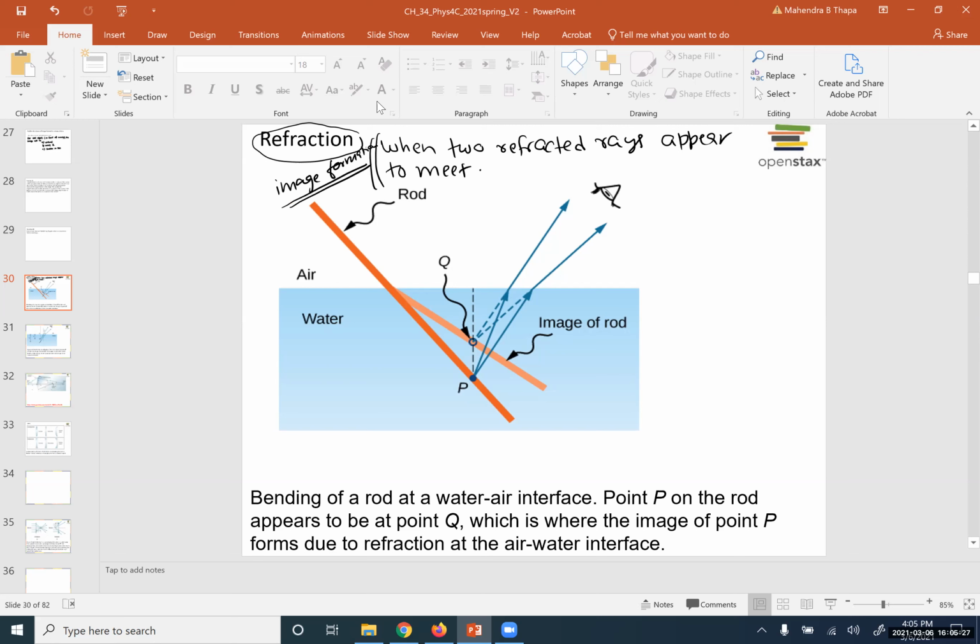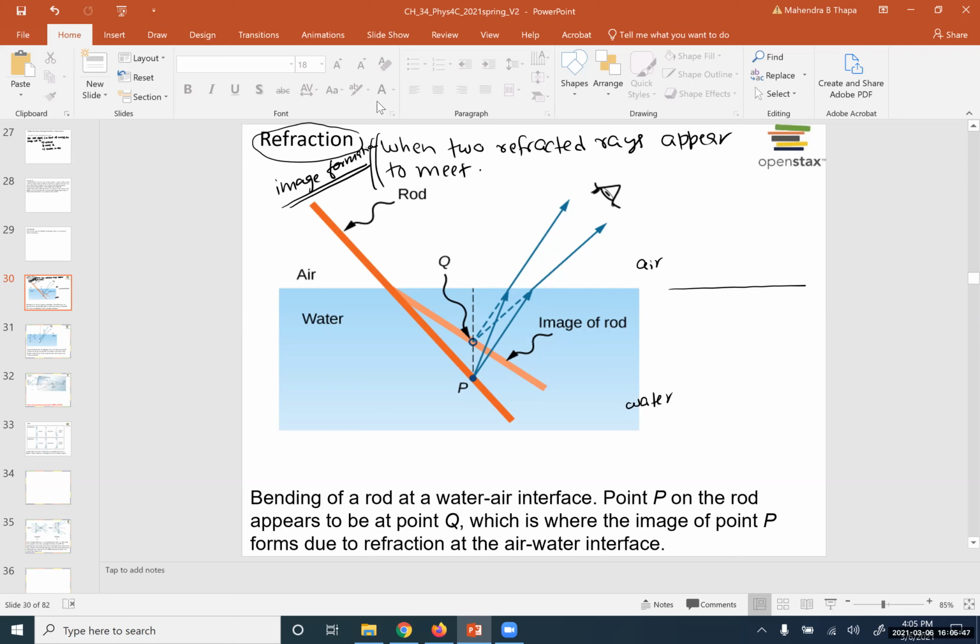So let's see here, in this case of a stick, I'm drawing a similar picture over here. The upper medium is air and the medium down is water. So let's talk about the point P of the stick.